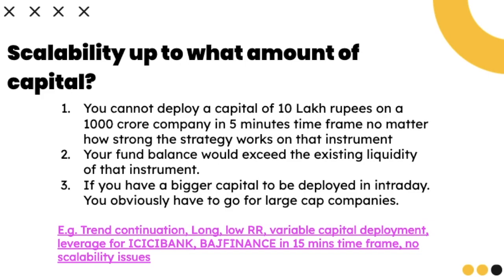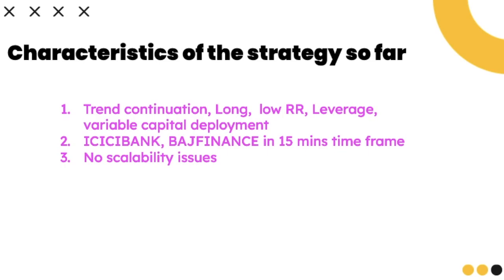Then let's just review what we have covered so far. We have the following characteristics. Please mind, this is a hypothetical strategy. Okay, this is not a real strategy or backtested strategy. We are going to follow a trend continuation strategy, and it is a long strategy with less risk to reward, and we are going to use leverage and variable capital deployment.